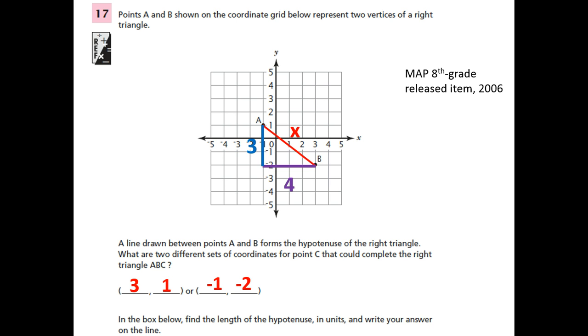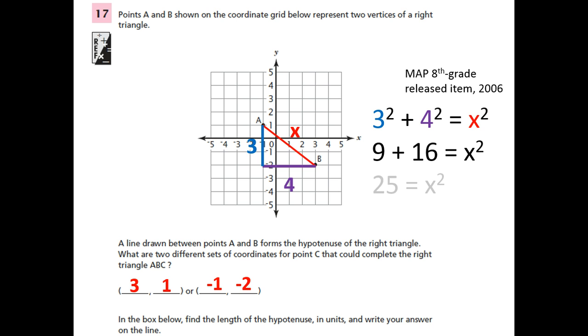So we want to know the length of the hypotenuse, that value for x. And according to the Pythagorean theorem, 3 squared plus 4 squared has to equal x squared, which means x squared is 25 or x is 5. So the length of the hypotenuse is 5 units long.